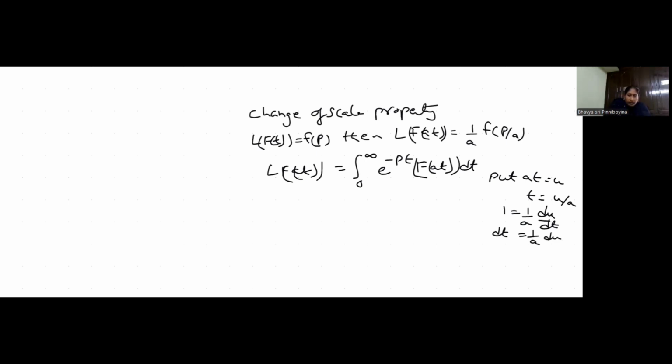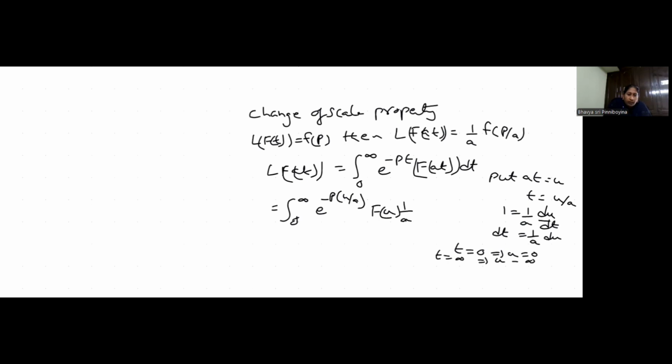If we take the value t equal to 0, we get u is also 0. If we take t equal to infinity, we get u is also infinity. Okay. Then substitute the values: integral 0 to infinity e power minus p into t, where t is equal to u by a, and f of at means f of u, then dt means 1 by a into du.